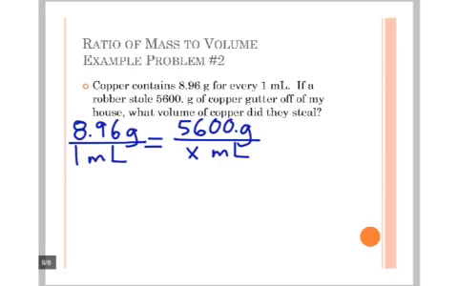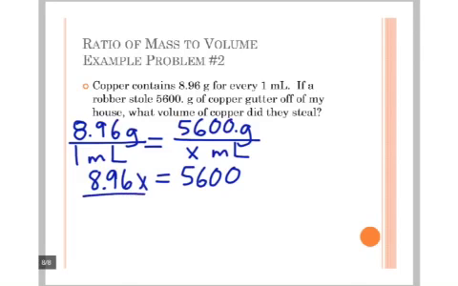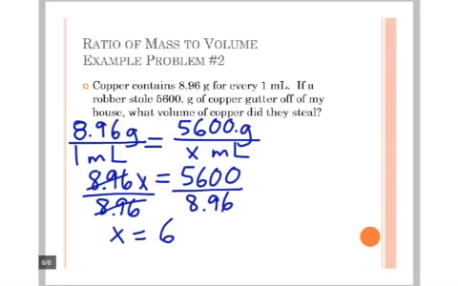Again, it's a proportion, so let's cross multiply. 8.96 x equals 5,600 times 1, and I need to divide both sides by 8.96 to get the x by itself. On this side it cancels out, and I'm left with x equals 5,600 divided by 8.96, and that is 625.